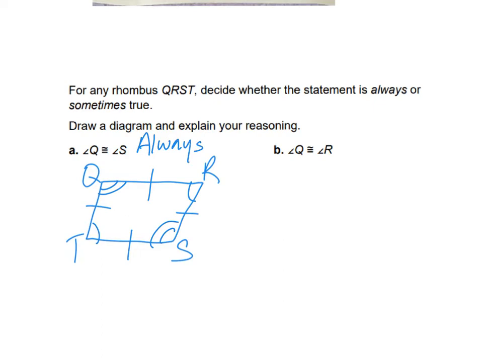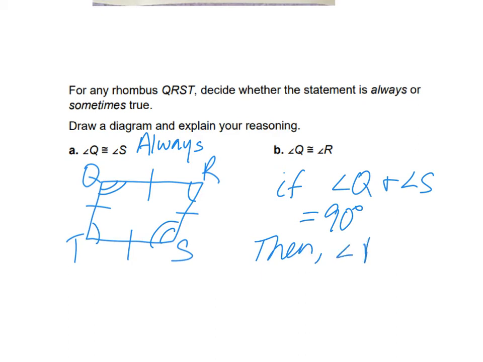Okay, and part B, it says, is Q congruent to R? So if angle Q and angle S that are opposite each other are equal to 90 degrees, then angle R has to be congruent to angle T, which they're going to also equal 90 degrees.